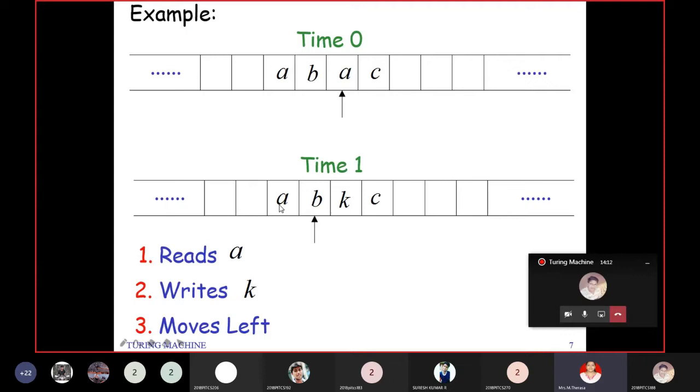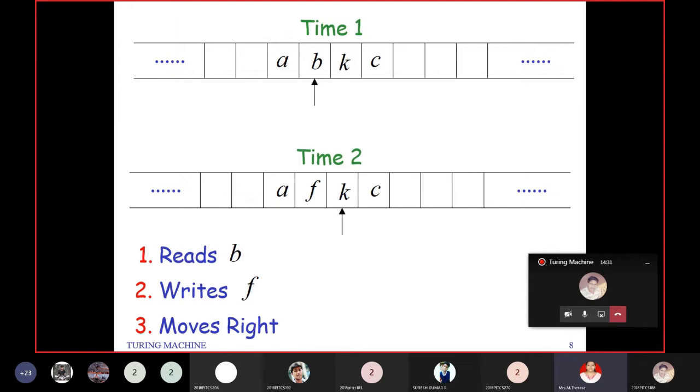So at time 1, this A is replaced by K, and the tape head is pointing to the left position of this cell, where you can find B. So it reads A, writes K, and moves left.